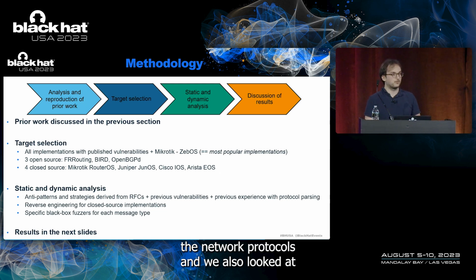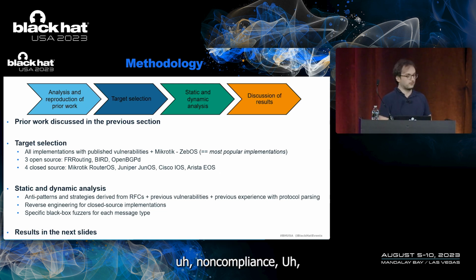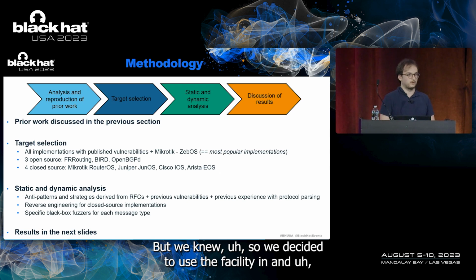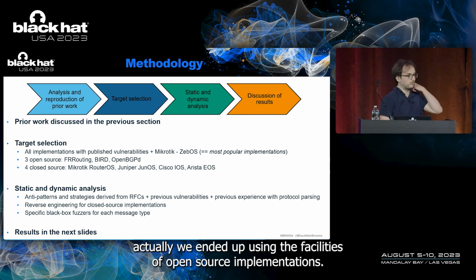And we also looked at RFC non-compliance. And of course, for closed source implementations, it was more difficult to look for the vulnerability patterns that we knew. So we decided to use the fuzzer in the end. And actually, we ended up using the fuzzer also for open source implementations.